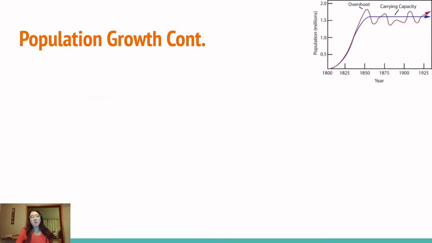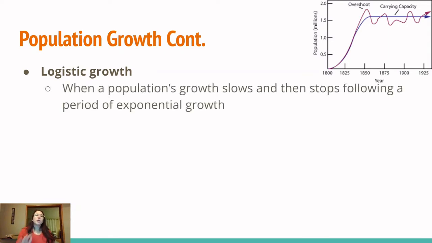Our other pattern of growth is going to be logistic growth. In logistic growth, you're going to have a period of exponential growth, but then it's going to slow down and stop. You can see that on this graph here. We have this really steep part, that'd be my exponential growth.